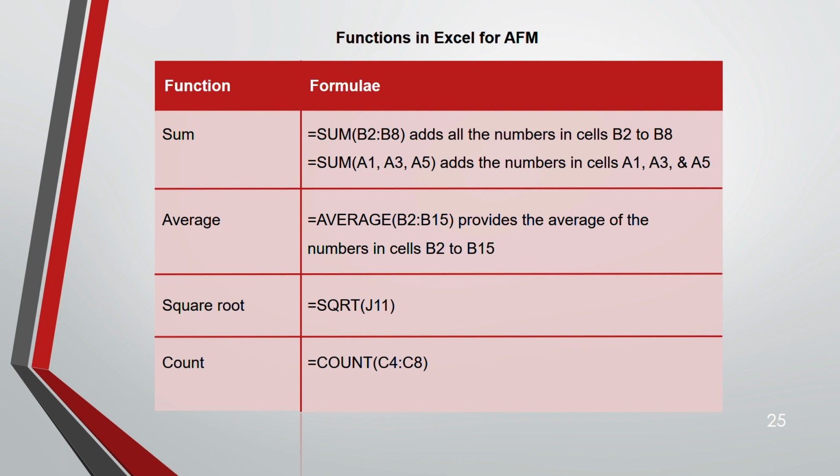So it has numbers in it, so the count will be 5. Remember, sum will add, count will not add. Count means it will just count how many elements are there. But if the cell is empty, it will not count. If the cell has text, it will not count. The cell should have a number in it to count.